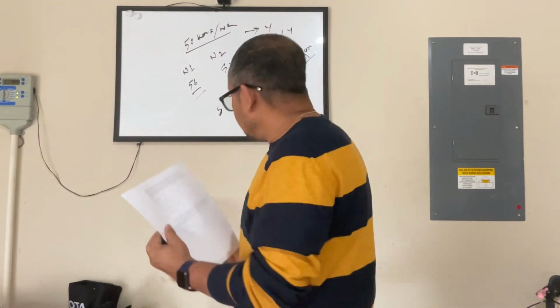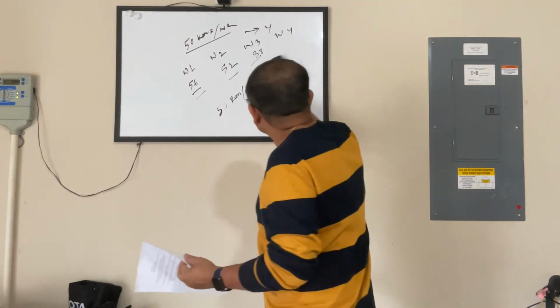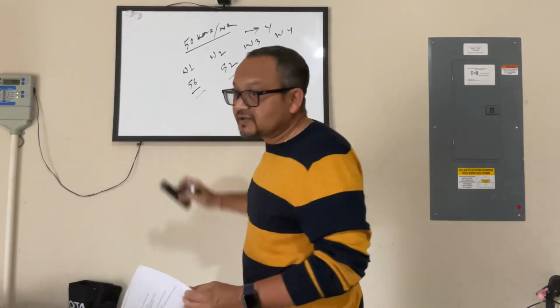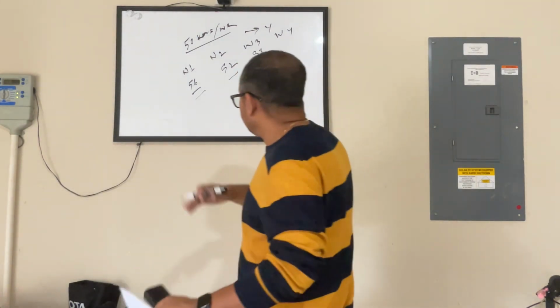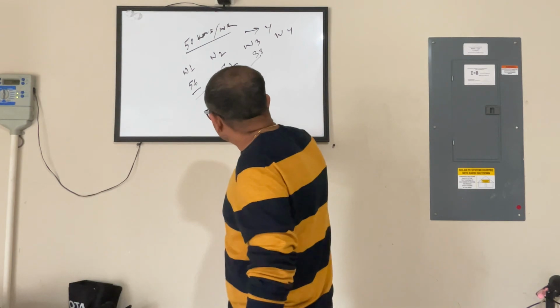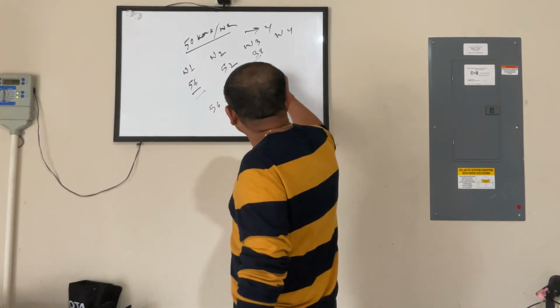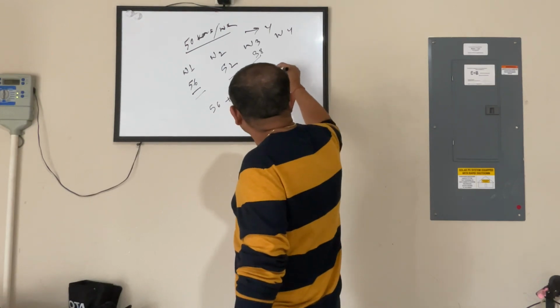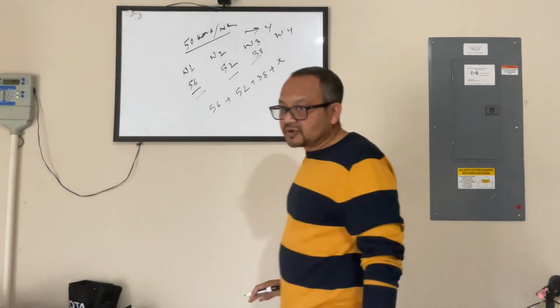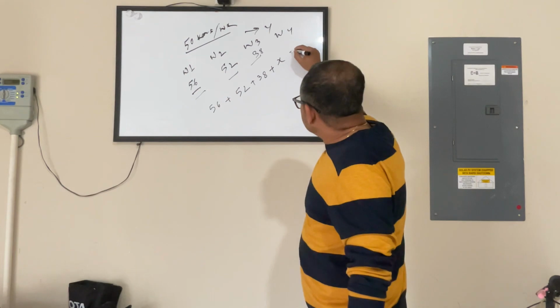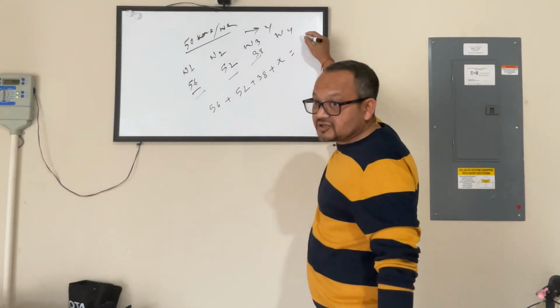Now based on whatever we have seen here, let's first try putting our understanding. First week is 56, second week is 52, third week is 38, plus fourth week there is something. And this is supposed to be equal to how much?